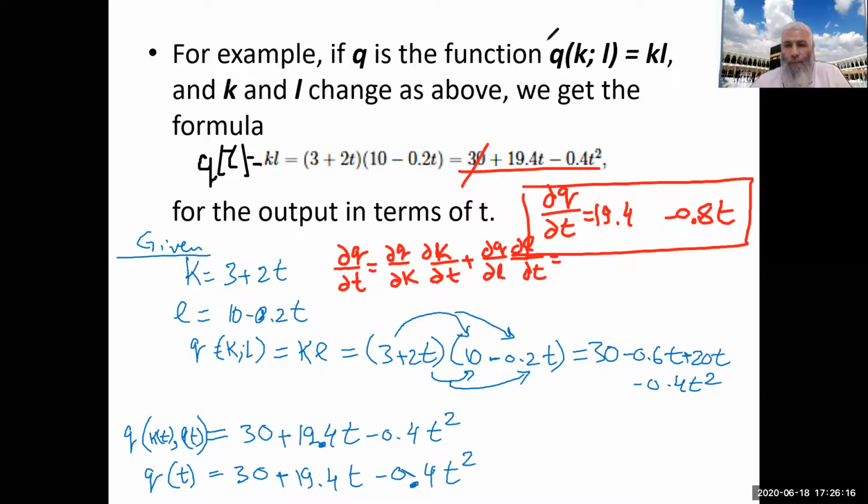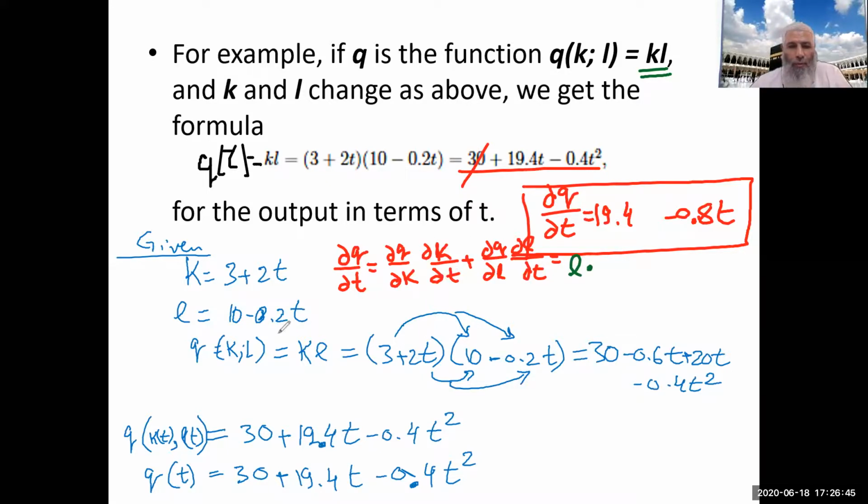Let's make it. What is dq/dk? Because Q equals KL, the derivative with respect to K is 1 multiplied by L, so it is L.